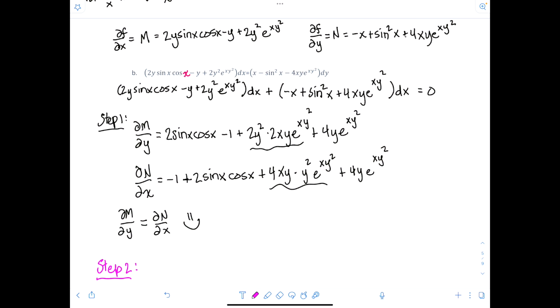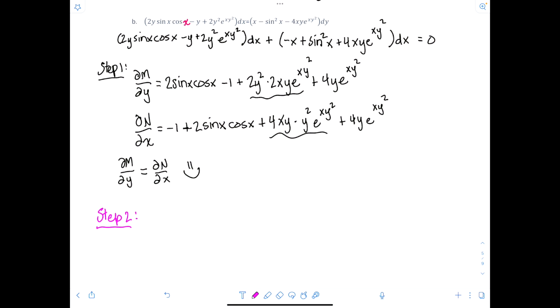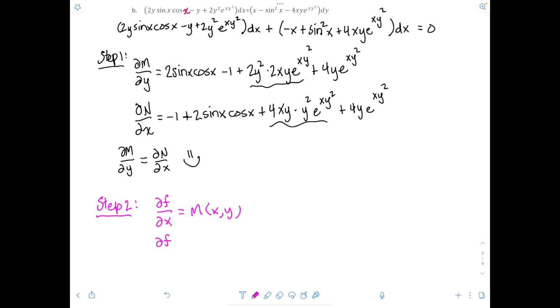I think I'm going to go ahead and use m of x and y, okay? So I'm going to set up that equation. The first partial of f with respect to x is equal to m in terms of x and y. And so first partial of f with respect to x, what was m of x and y? It was 2 times y times sine at x times cosine at x minus y plus 2y squared times e to the xy squared. Groovy?